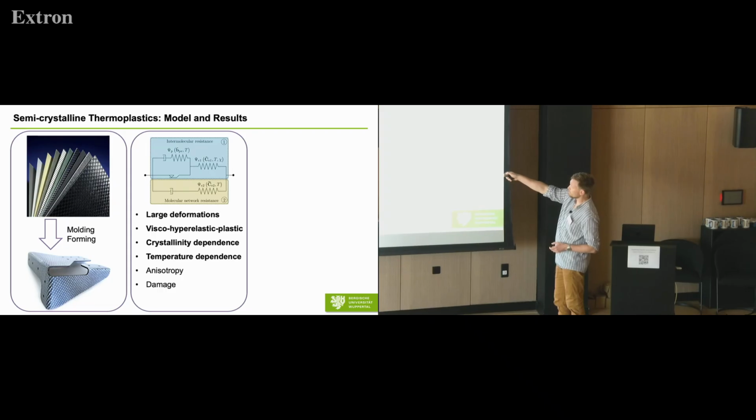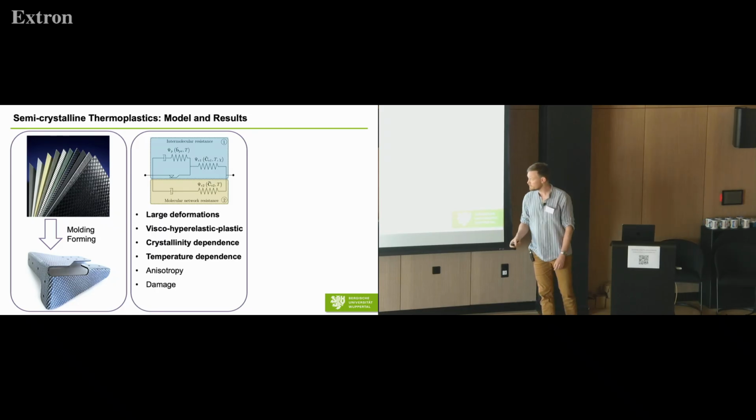It's temperature dependent. The chi is the crystallinity, so semi-crystalline polymers have some amorphous and crystalline regions which change upon deformation and temperature. We do not couple that yet; so far it's just coupled one way by the crystallinity.